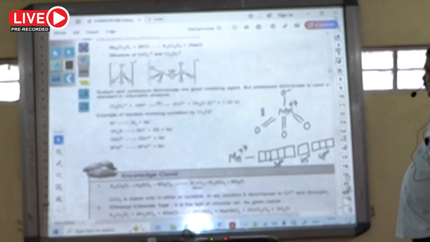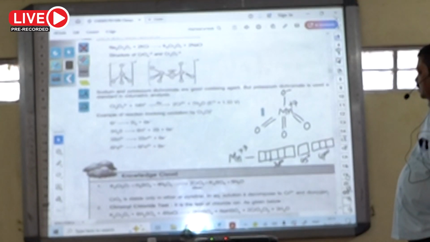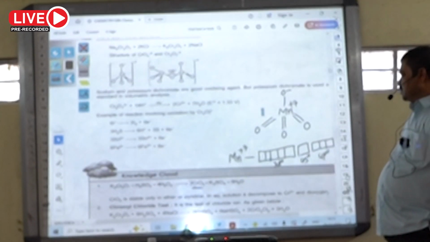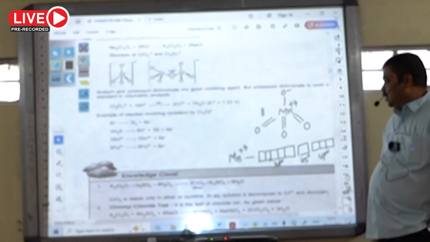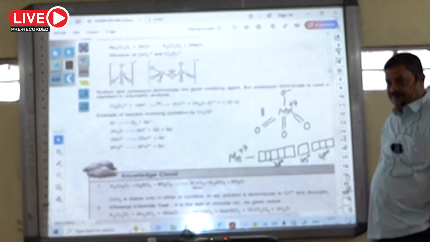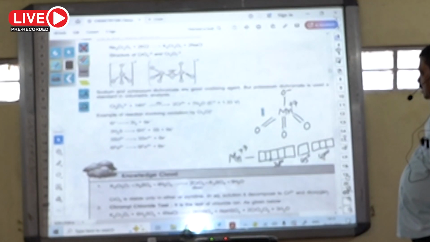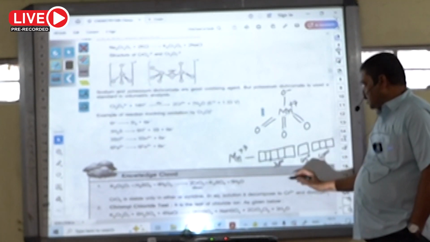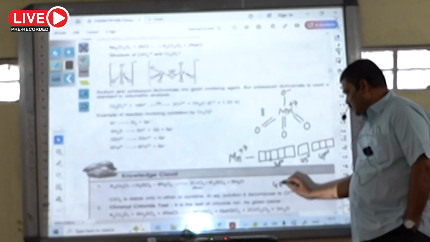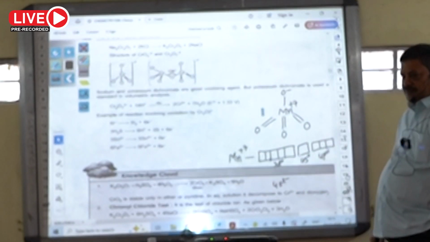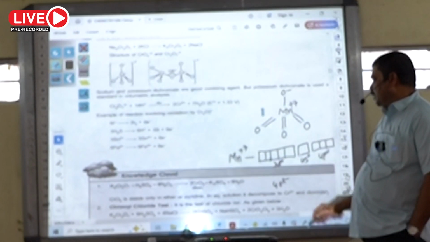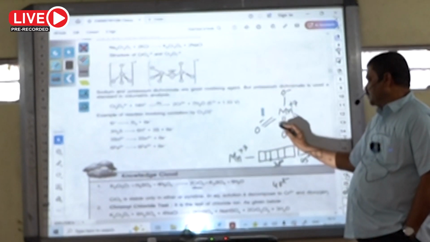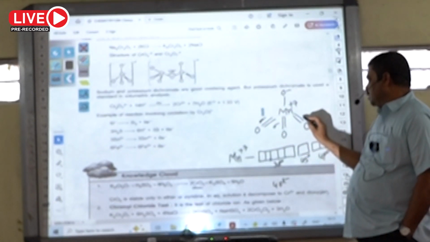Now here total number of bonds formed by oxygen atoms are 7 bonds: 2, 2, 2 plus 1. Out of which 3 are pi bonds. So here what happens is, when 4 oxygen bi-negative ions approach, sigma bonds are formed by hybrid orbitals. This is sigma, this is sigma, this is sigma.